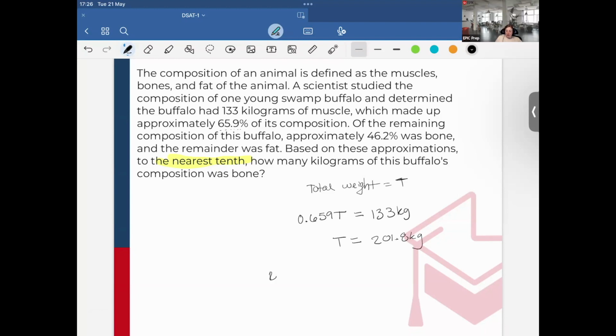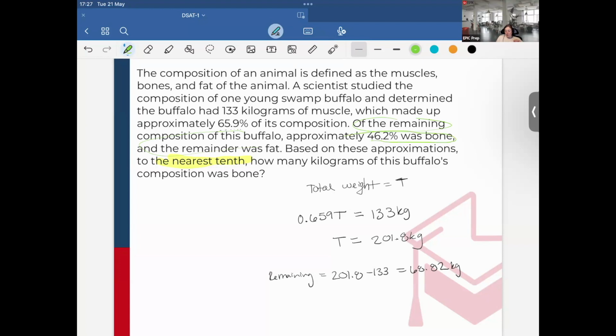So for the remaining composition, I'll take the total, 201.8 minus 133, which is equal to about 68.8. That's what's left of the remaining composition. Because it says of the remaining composition of the buffalo, approximately 46.2% was bone.